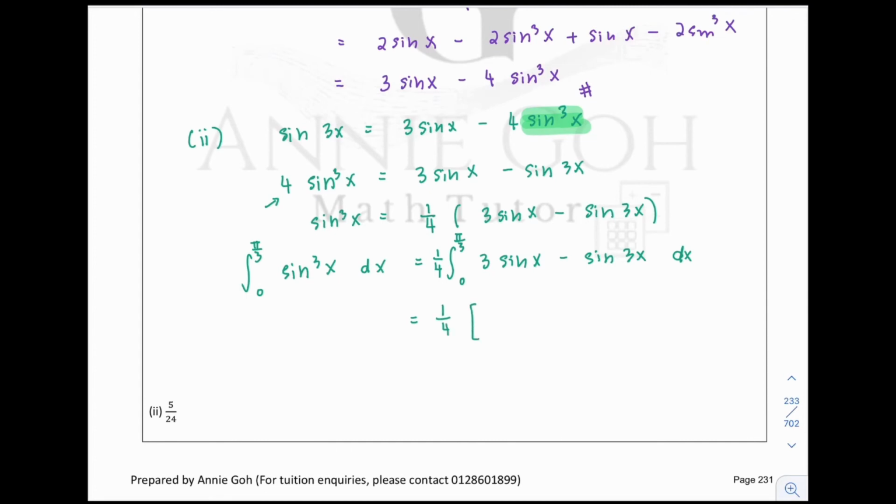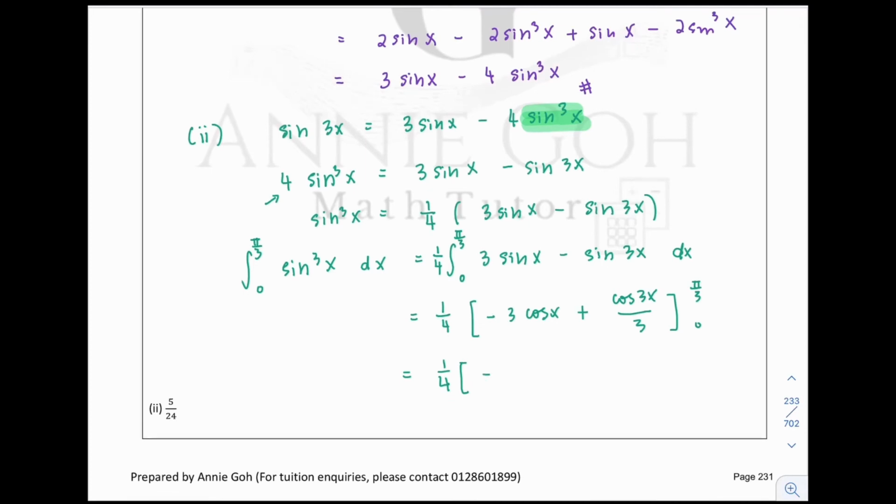Integrating 3 sin x, I get negative 3 cos x. Integrating negative sin 3x, I get positive cos 3x over 3. Then you just need to sub in the limits. By substituting pi over 3 into negative 3 cos x, you will get negative 3 over 2.